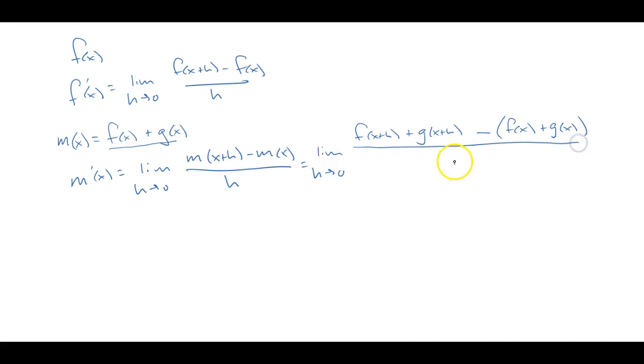all divided by h. And now it's just a matter of doing a little manipulation. I'm going to go ahead and distribute the negative here into the quantity behind it and do a little bit of rearranging.